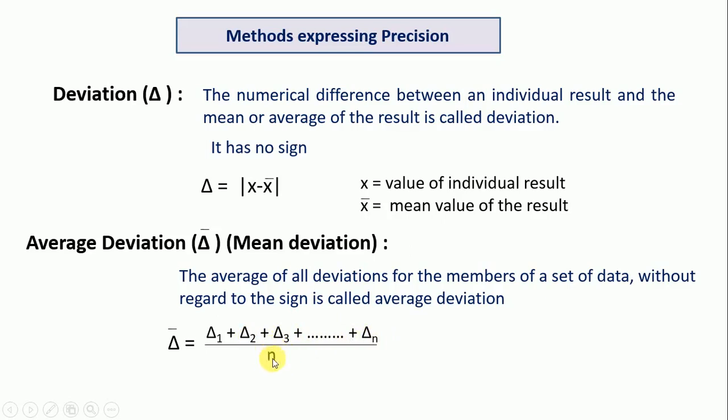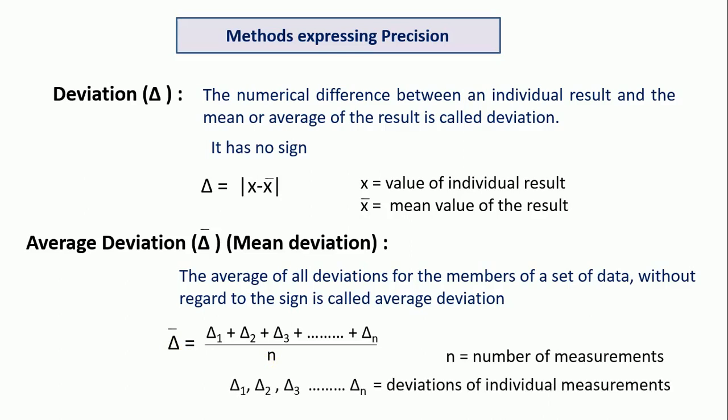Here n means the number of measurements, and delta 1, delta 2, delta 3 up to delta n are the deviations of individual measurements. The sum of these divided by the number of measurements is called the mean deviation or average deviation.